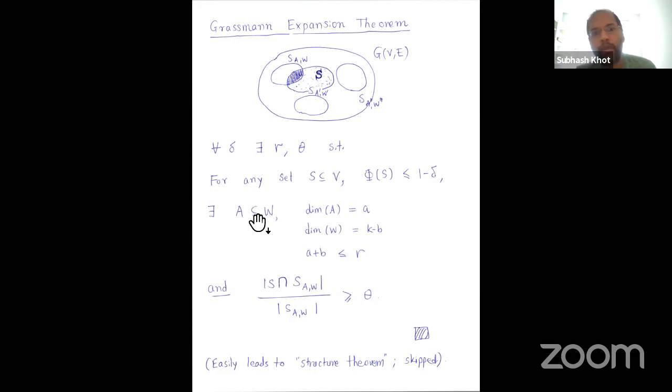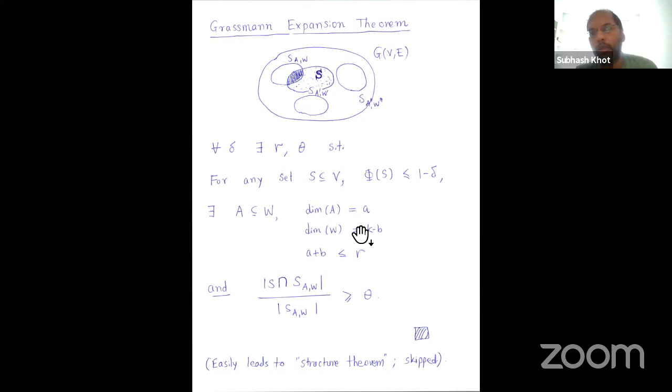So there is some set S sub AW, with dimension of A equal to little a, dimension of W equal to k minus b, a plus b at most R, such that the density of S inside S sub AW is at least theta. Think of this as: for every delta equals 1/10 there is some R, maybe R equals 5, and some theta, maybe theta equals 1/5, such that this holds. Okay, so this is the theorem.